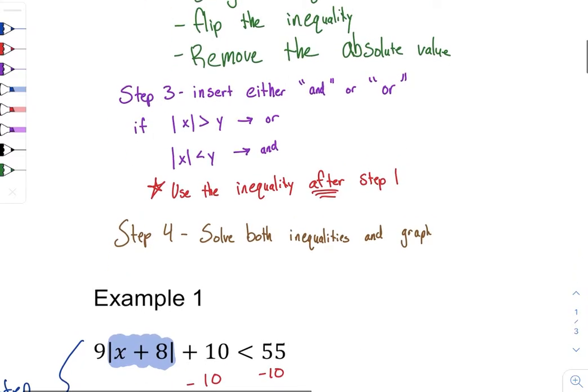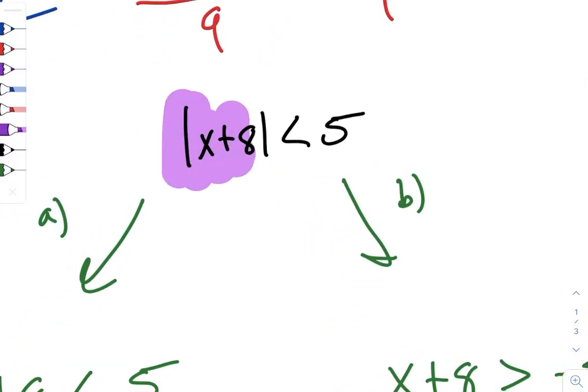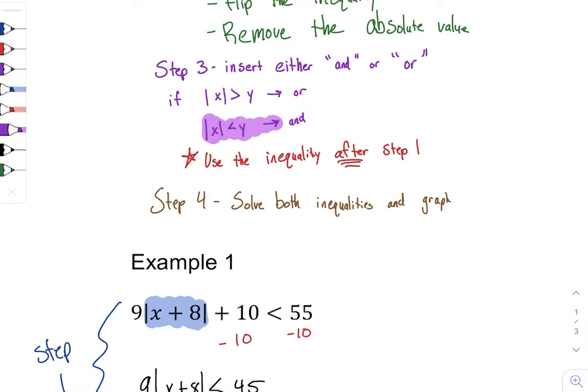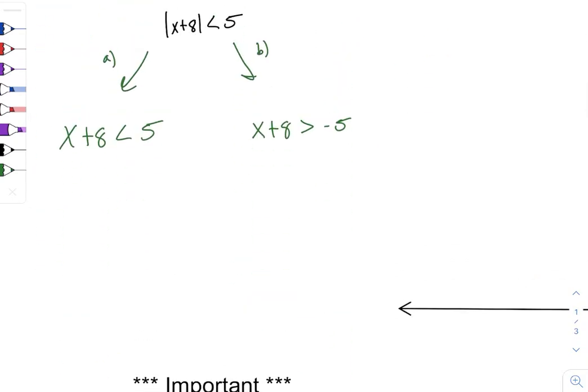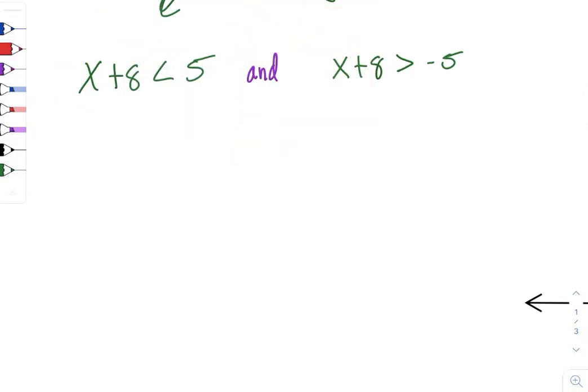And then once we figure out and or or, we're just going to solve both and graph. So we're going to come down here. We're going to look at the inequality right here, and we're going to decide, okay, it looks like the absolute value is less than the other side. So less than the other side would be an and inequality. So I'm going to throw the word and in here. And now it's just like solving a compound inequality, so I'm going to go ahead and solve both of these.